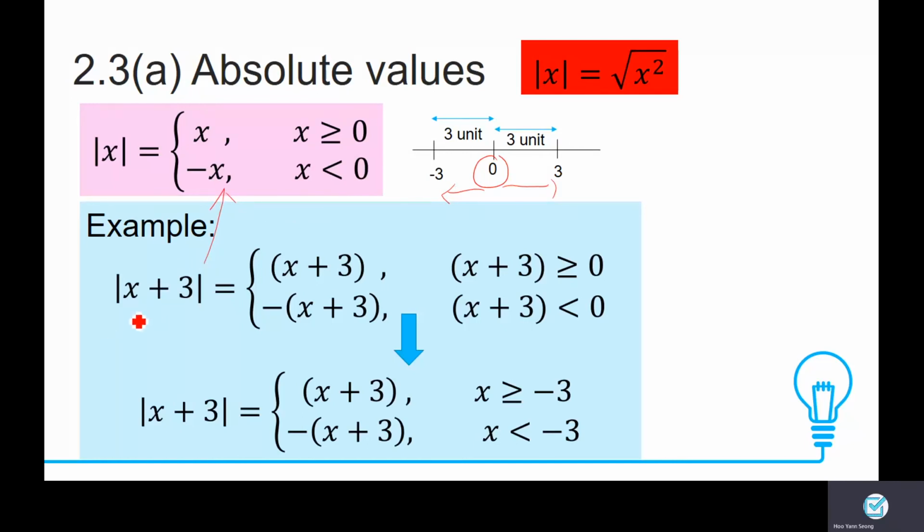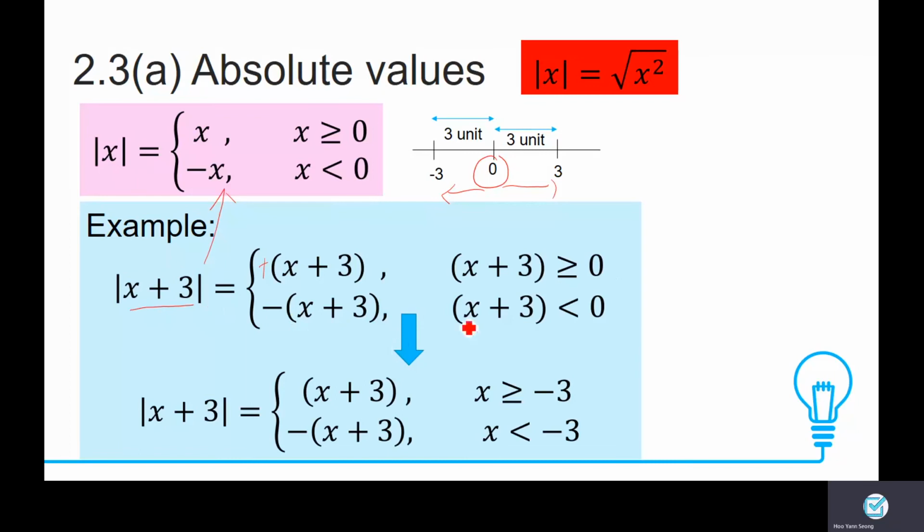So for the expression x plus 3 greater than or equal to 0, we have the positive x plus 3. If the expression is less than 0, we have negative (x plus 3).